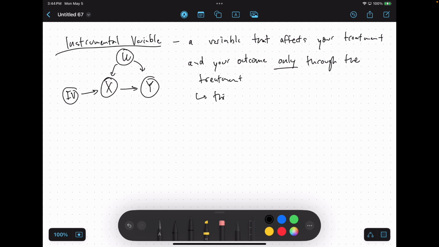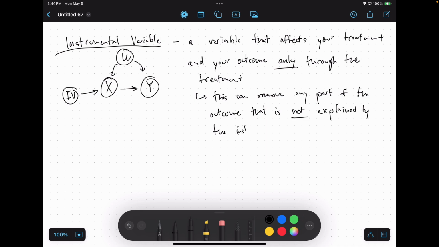And this can remove any part of the outcome that is not explained by the instrument.